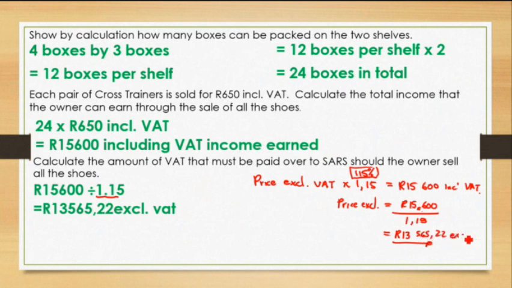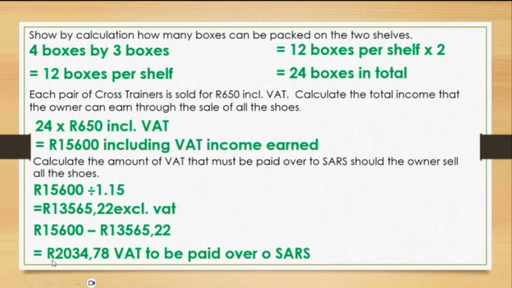But I am assuming, guys, that you kind of know now how to go from VAT inclusive to VAT exclusive. I think by now you need to know that. Those are the things that we did in term 1. Okay, now let's see. Then we need to subtract the 2. So let's subtract the 2 to basically see how much money we owe to SARS. And then that's 2,034 rands and 78 cents of VAT.